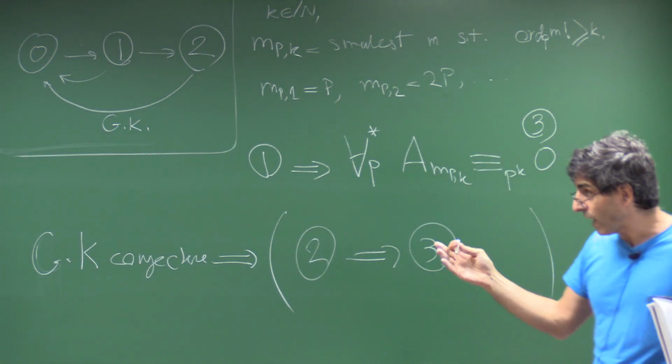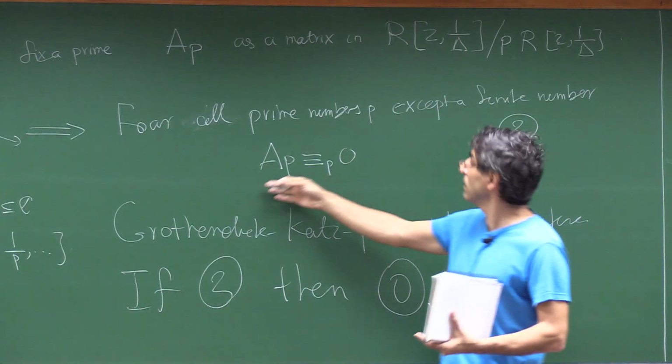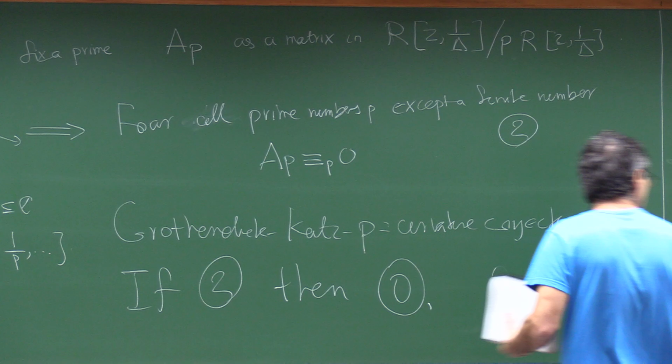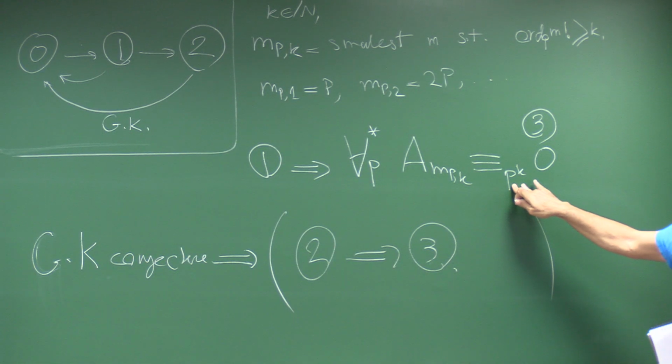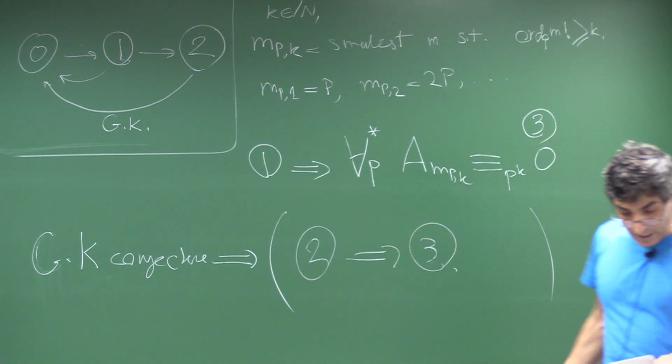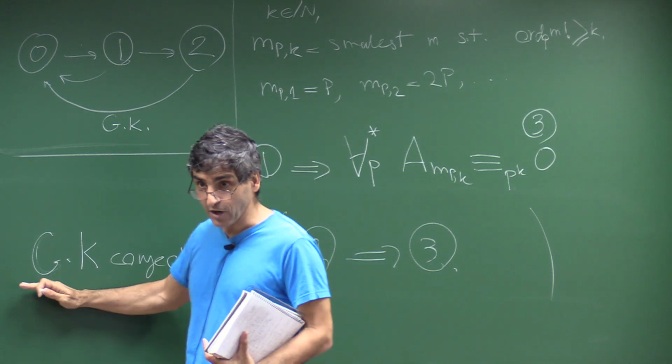This means that if you have modulo p, your A_p modulo p is 0 for all except finitely many primes, then there are a lot of things happening also modulo p to the k, which in some sense for me is not reasonable.